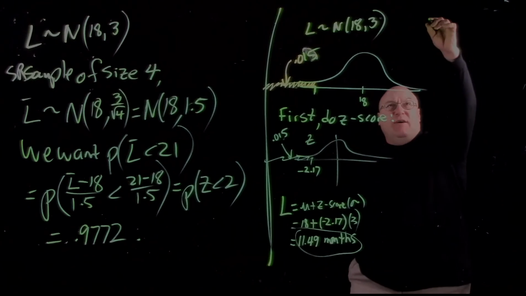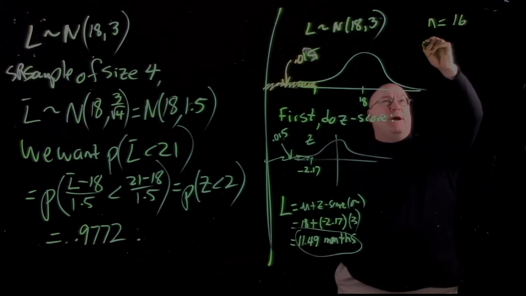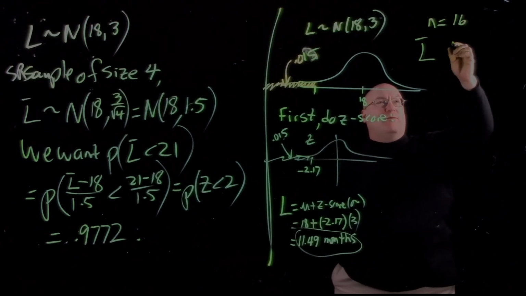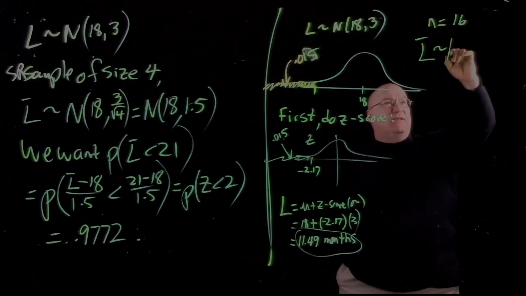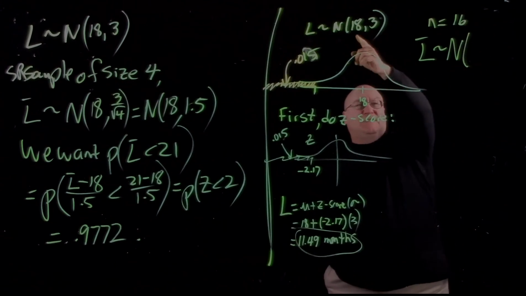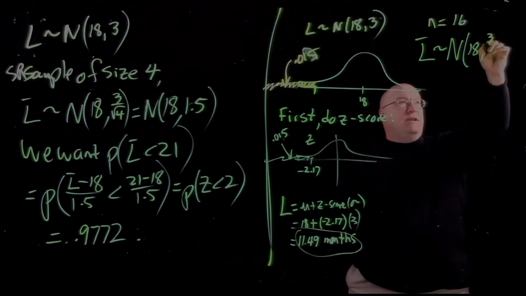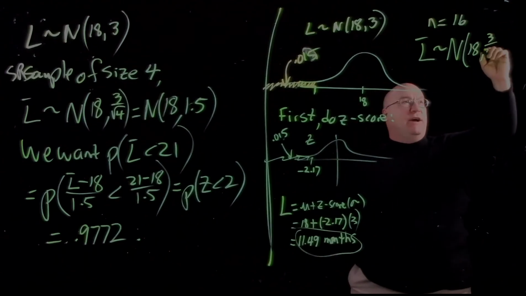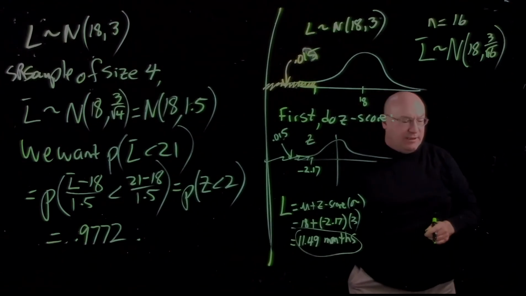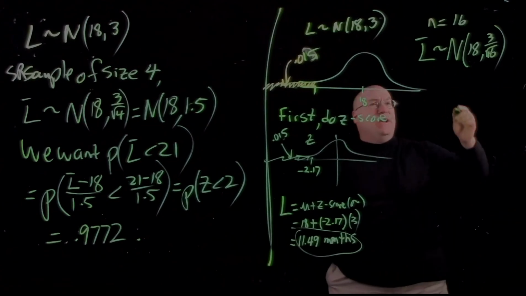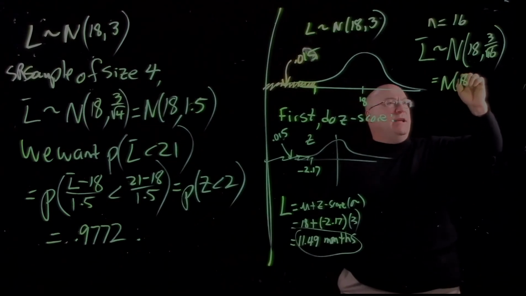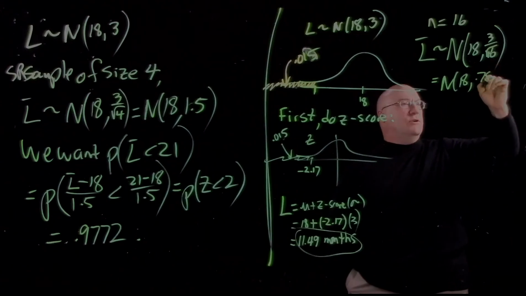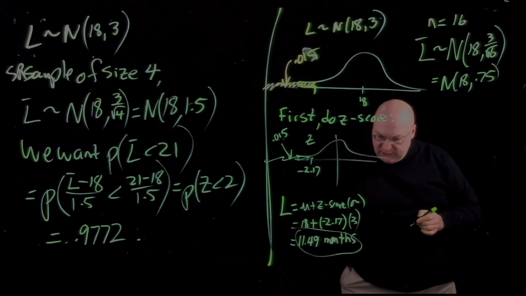All right, we have n equals 16, so the new random variable we're looking at is the mean lifespan. It is normally distributed with the same mean and standard deviation, the original divided by the square root of 16, right? You got that, right? So it's 18 and 3/4, or 0.75.